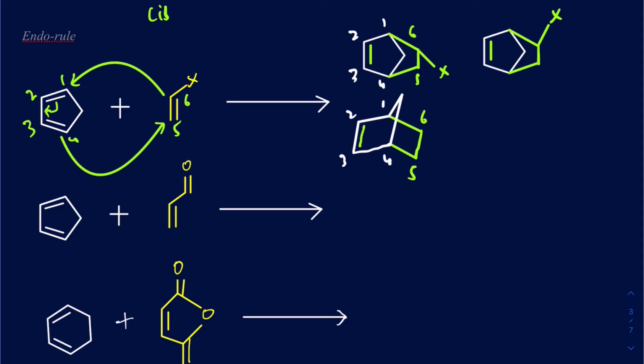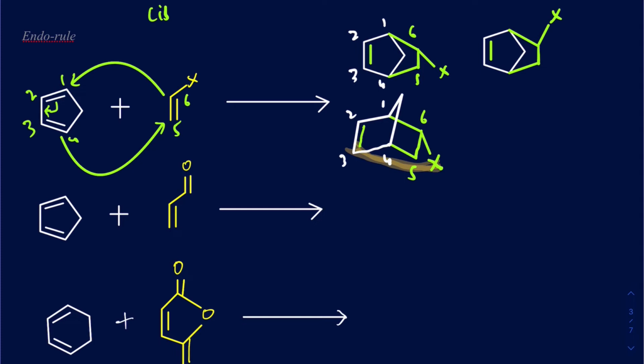And then that needs to be endo in the sense that when you have this X pointed down, it does a better overlapping, also called a secondary overlapping, with this pi orbital, because this X is also going to have an unhybridized p orbital, and this will do a secondary overlapping with the pi bonding of carbon 2 and 3, and that makes a more stable transition state.